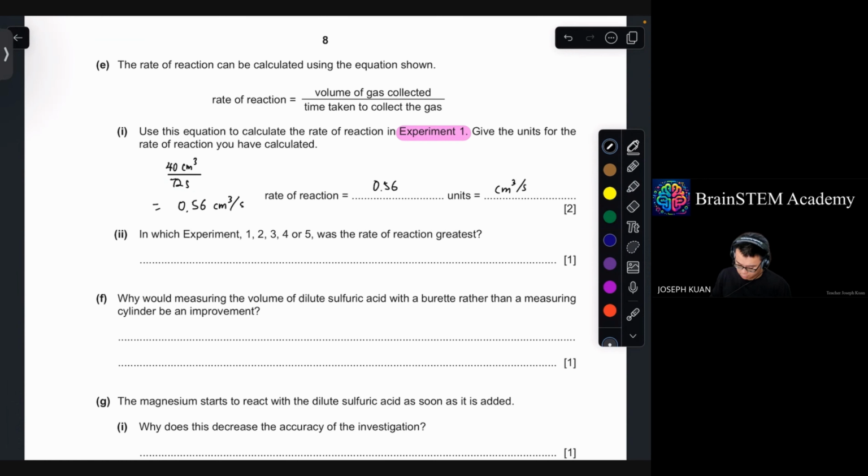All right, so 2. In which experiment, 1, 2, 3, 4, or 5, was the rate of reaction greatest? Based on the formula itself, you know that when the rate of reaction increases, the time should be shorter.